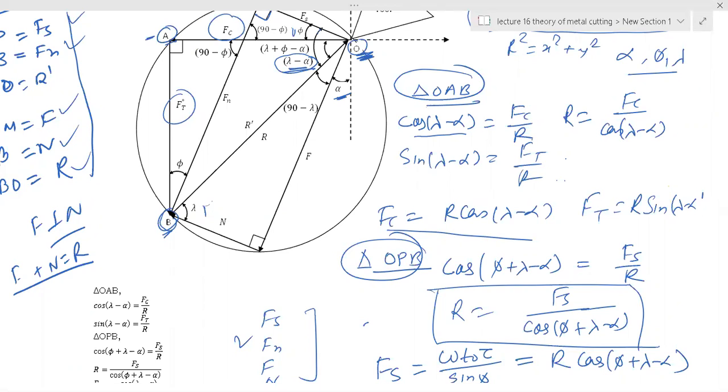So for the other unknown forces, we established a relation to find out four unknown forces in terms of cutting force and thrust force, and shear angle and the rake angle, right? And chip thickness ratio. And Ft is a measurable quantity.